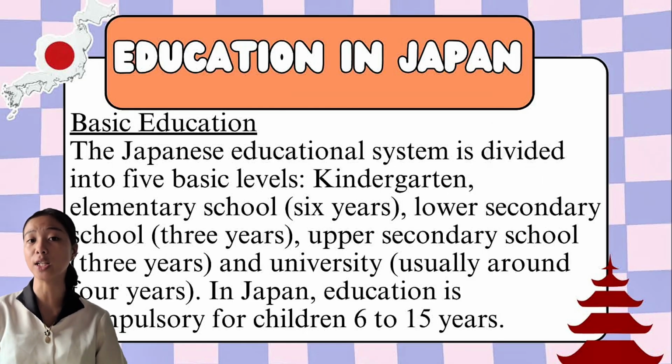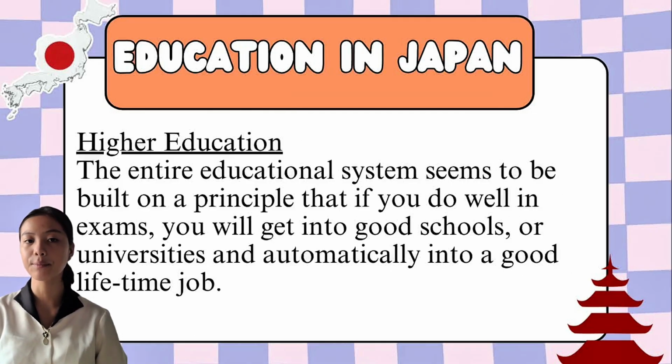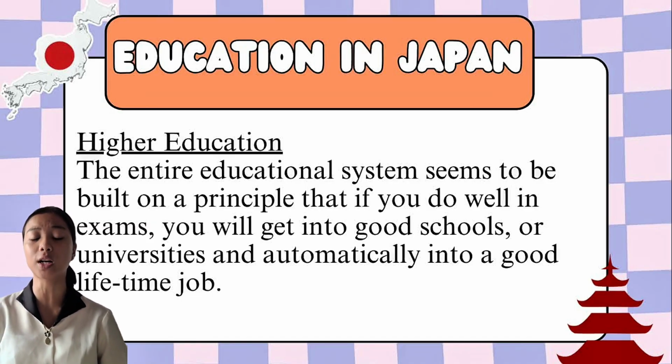Basic education includes kindergarten, elementary, lower secondary, upper secondary, and university. Education is compulsory from age 6 to 15. In higher education, exams play a very important role. Doing well in exams often leads to good scores and eventually stable careers.